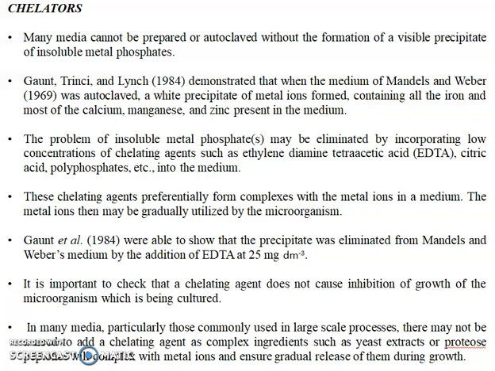These chelating agents preferentially form complexes with the metal ions in a medium. The metal ions may then be gradually utilized by the microorganism. The chelating agent makes a complex with the metal ions, and this metal ion complex can be gradually utilized by the microorganism, so it won't disturb the fermentation media or precipitate.